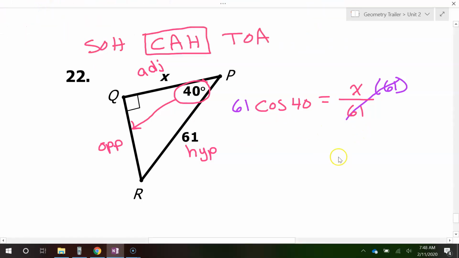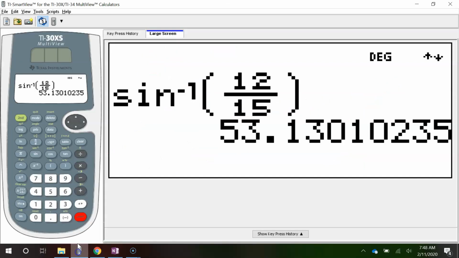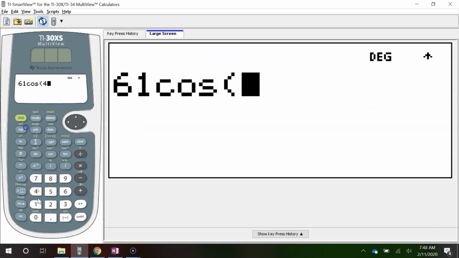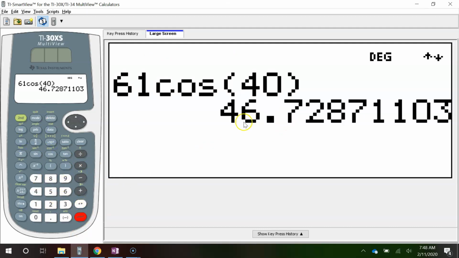And that leads you straight to the final answer, because x is now by itself, and we can just put this in the calculator, 61 cosine 40. So that is 46.729.